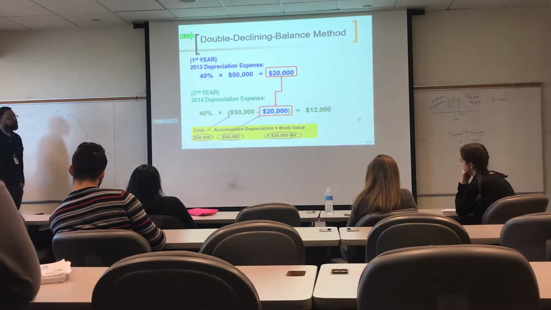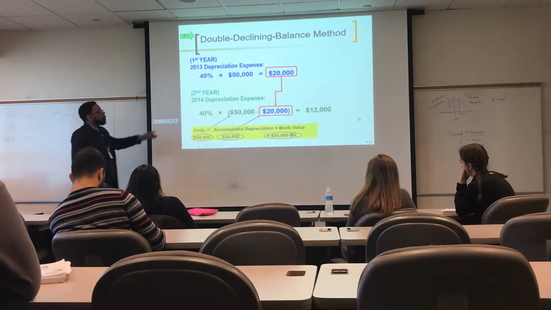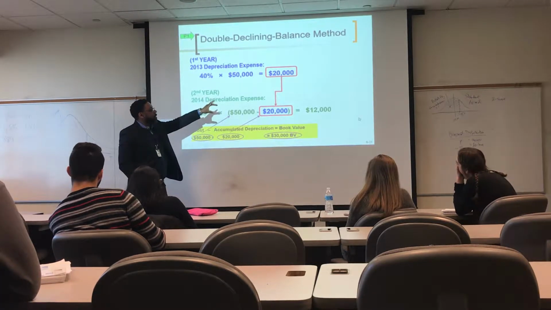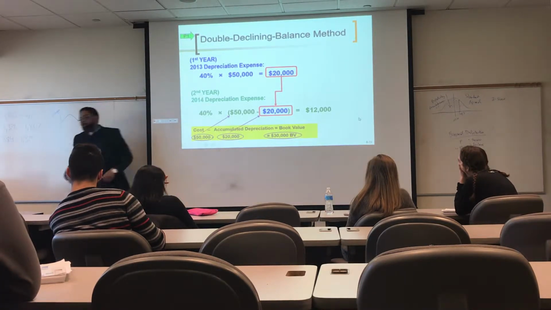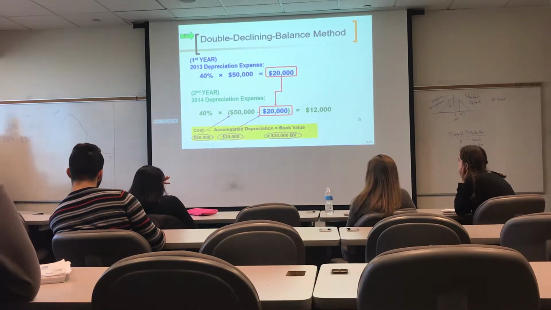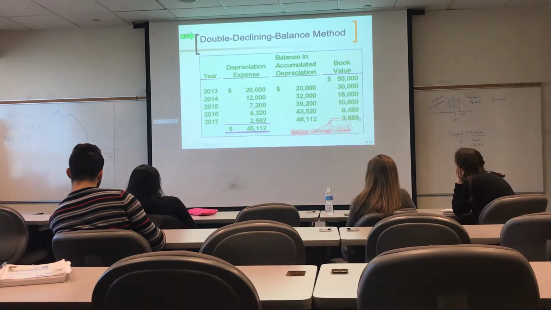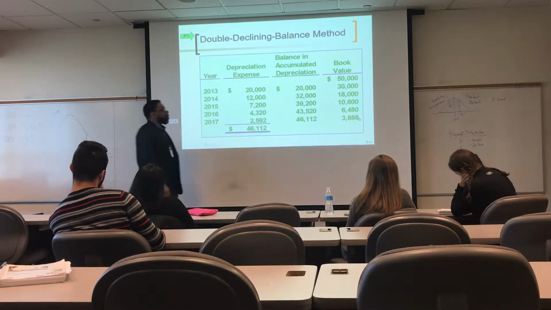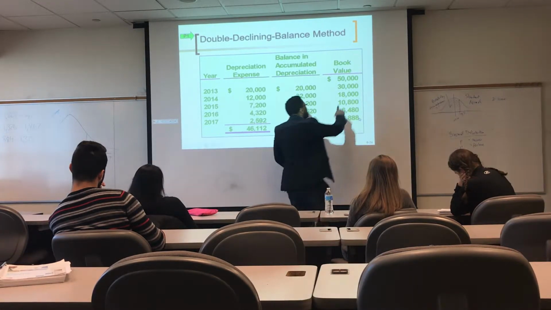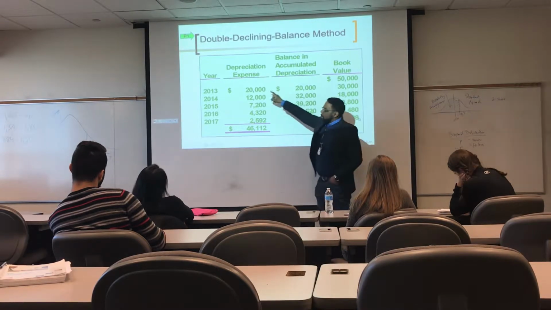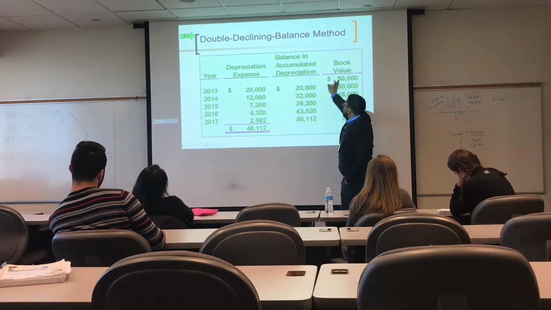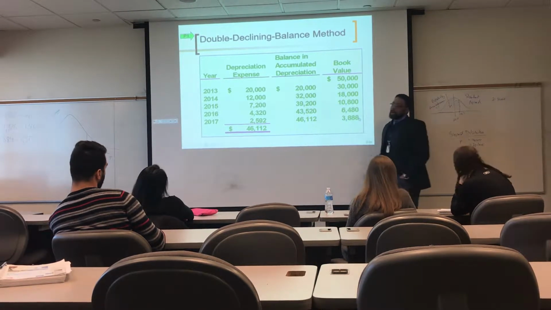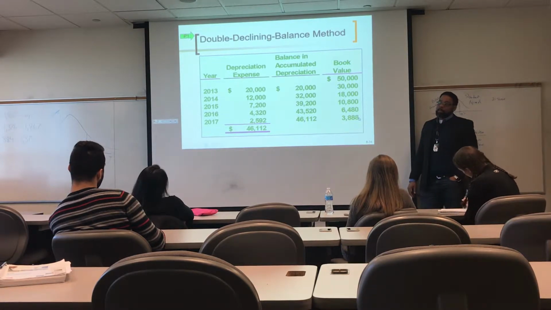Alright. So if you take 40% of $50,000, you get $20,000. Let's look at the depreciation schedule. I think there's a better representation here. So we took 40% of $50,000, we get $20,000. 50,000 minus 20,000 is 30,000. That's year one.